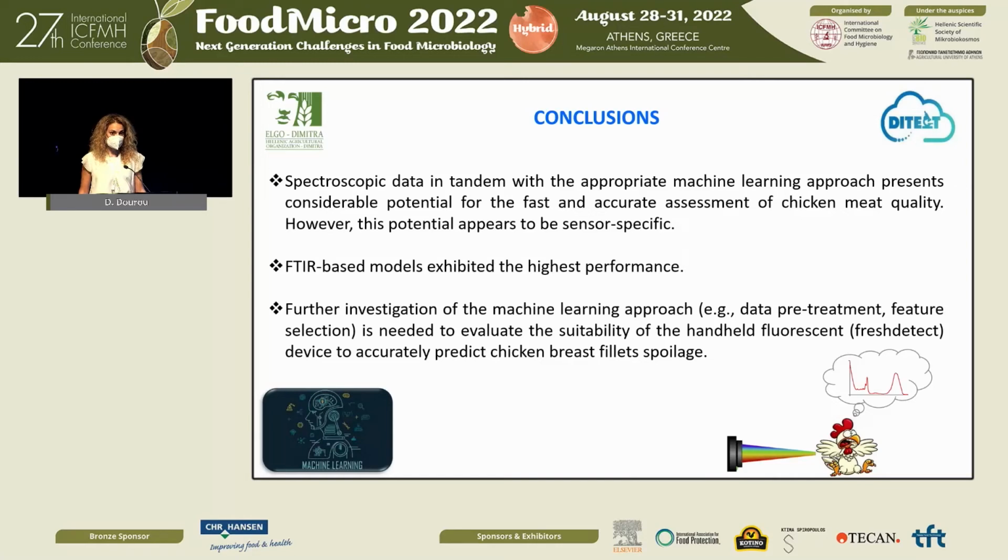Under the conditions of this study, FTIR-based models exhibited the highest performance, and more investigation on the machine learning approach is needed to evaluate the suitability of this handheld fluorescence sensor to accurately predict breast fillets spoilage.